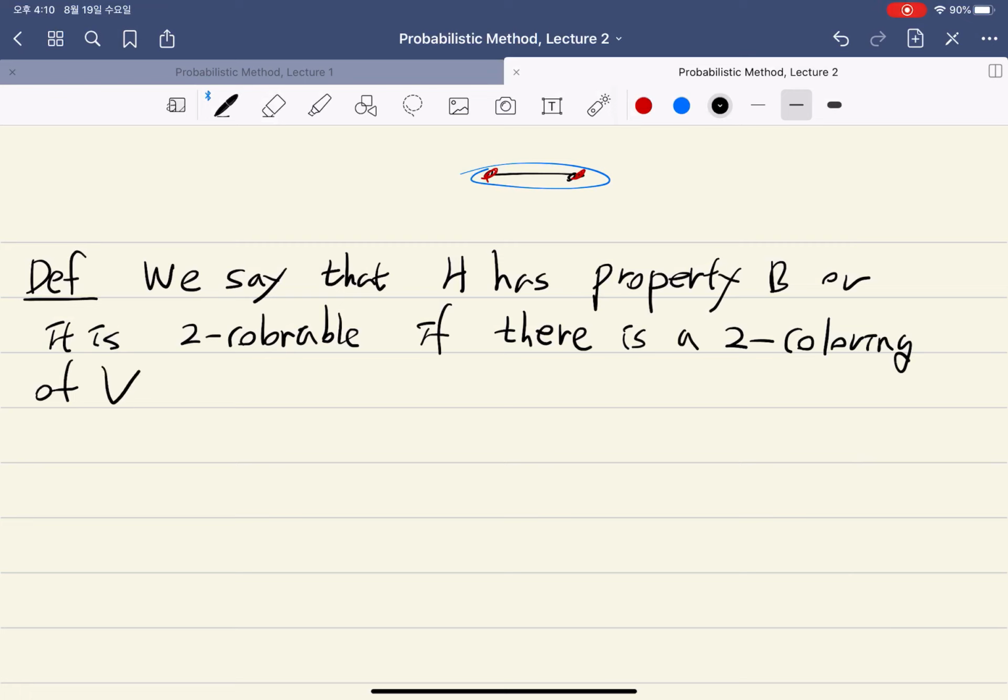So here a two-coloring of V is a function from V to, say, two colors, which is 1 and 2, such that no edge is monochromatic.